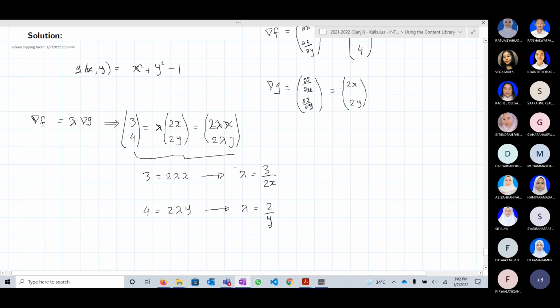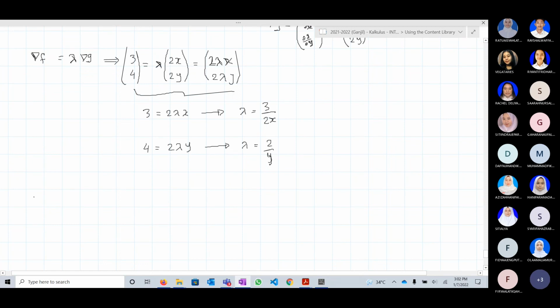And now, since we needed to also satisfy g x y equals to 0, then, sorry, we also have x is equal to 3 over 2 lambda, and here we also have y equals to 2 over lambda.